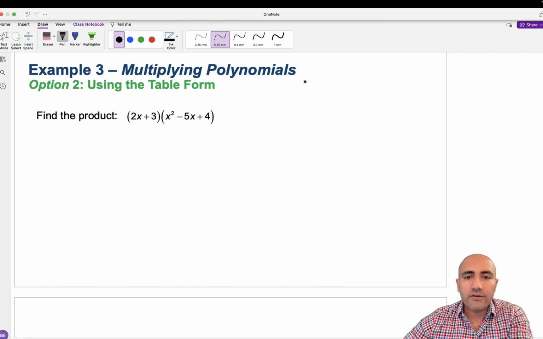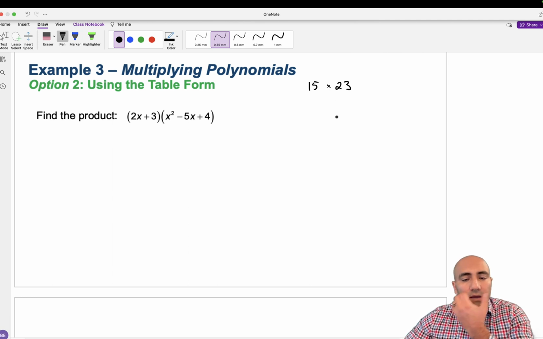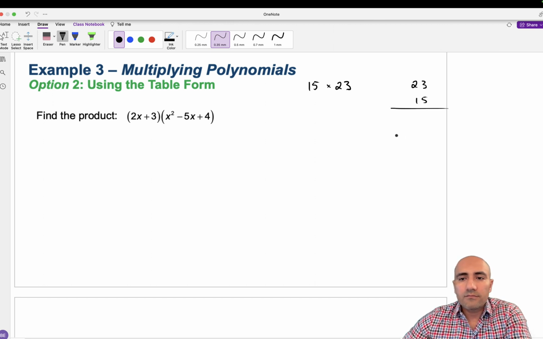So if I can remind you, when we learned how to multiply, back when we used to use the little x to represent multiplication, say 15 times 23, we would organize it this way. 232 over 15.